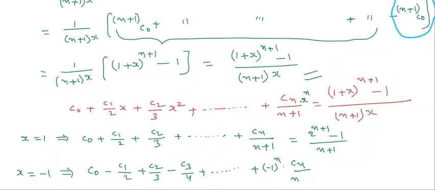That is equal to, in the right hand side, what we get, students? In place of x substitute minus 1. So we get minus 1 by n plus 1 into minus 1. That is overall 1 by n plus 1.